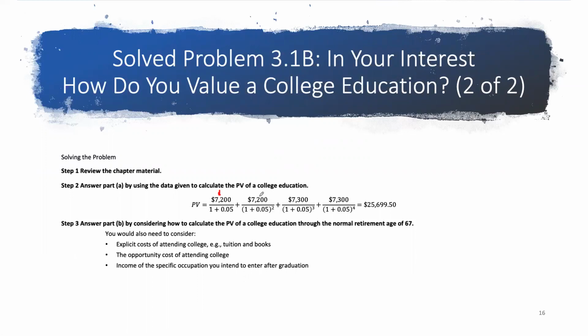Then $7,200 in the second period, which is at age 23. This is the additional amount I would receive at age 24. So that's 3 years from now. And then this is the amount I would receive, 7,300 additional dollars, by year 4, which is at age 25, right?